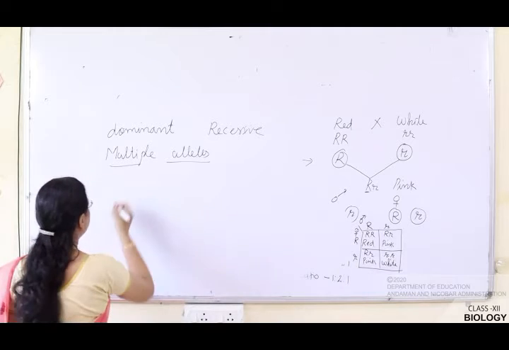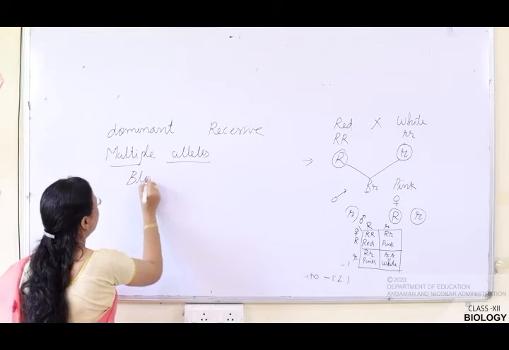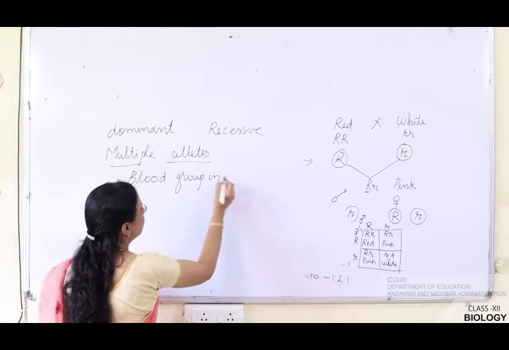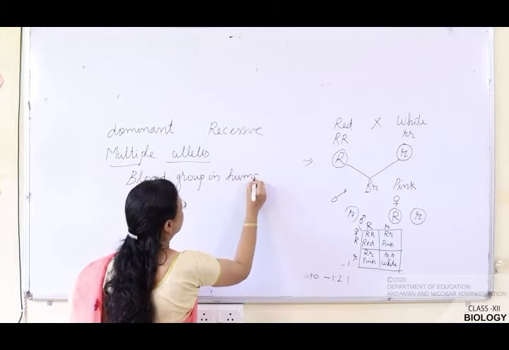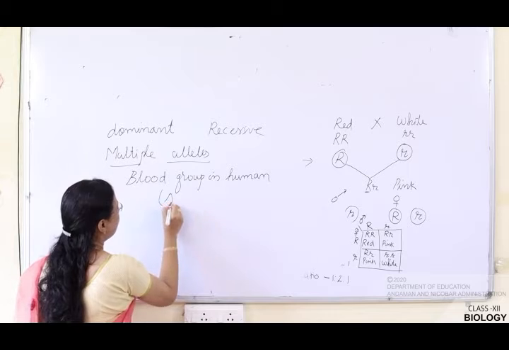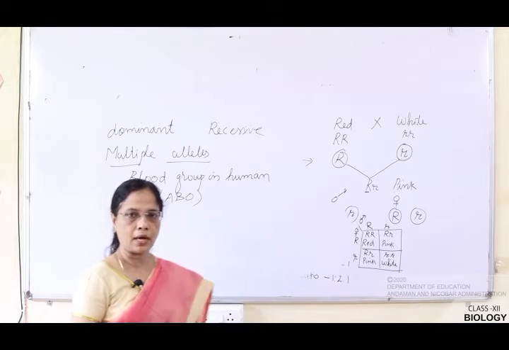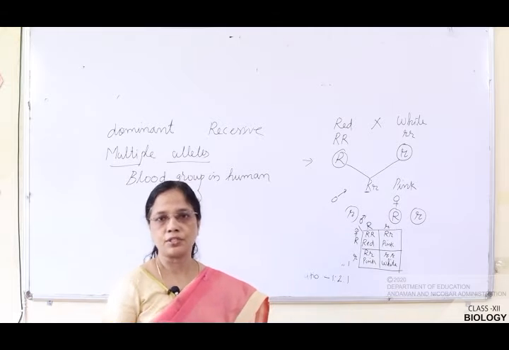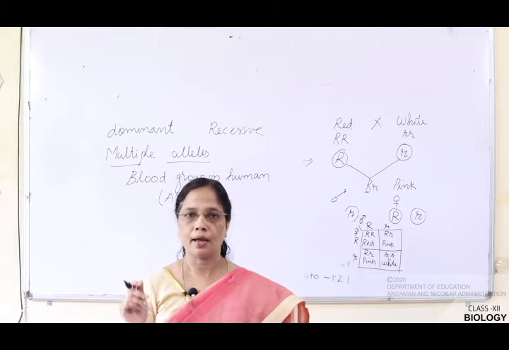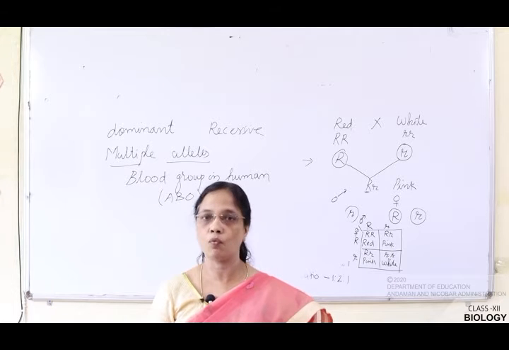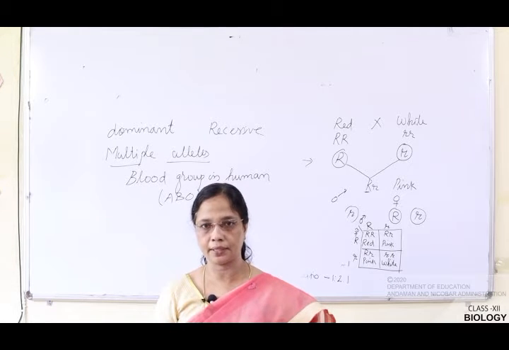Example of multiple alleles is blood group in human, that is ABO blood group. Okay. Now, blood consists of plasma and blood cells. What are the blood cells? Red blood cells, white blood cells and blood platelets.